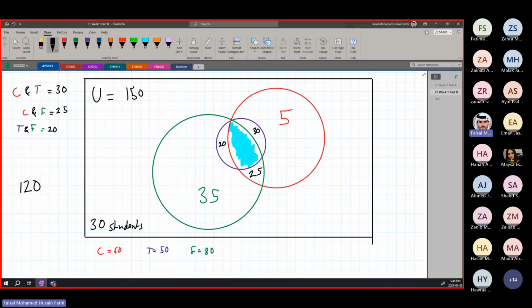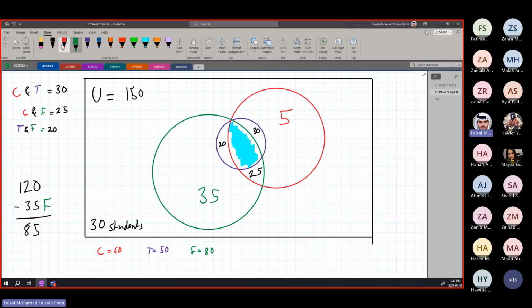All right. So if we subtract 35 from it, the number of people that like football, we have 85 students. So this is just the people that like football. Then we will be remaining with 85 students.